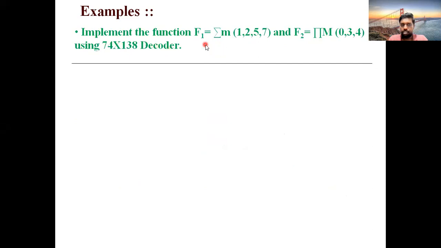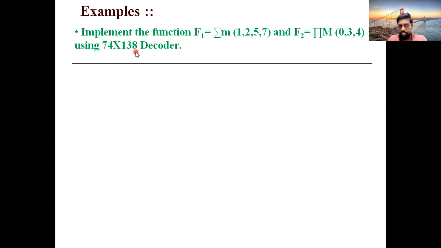Now if you see this question, it has two expressions given in the same question. One is an SOP question and one is a POS question. They didn't give active high or active low, but they have given a hint that it is using 74x138.